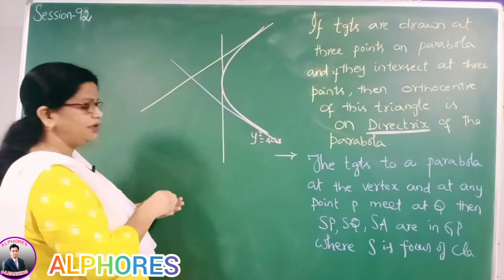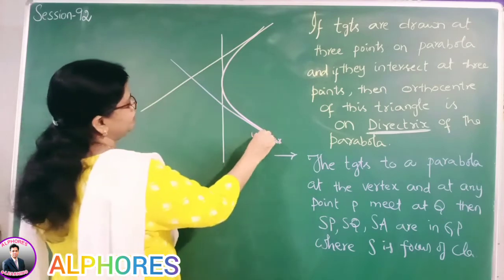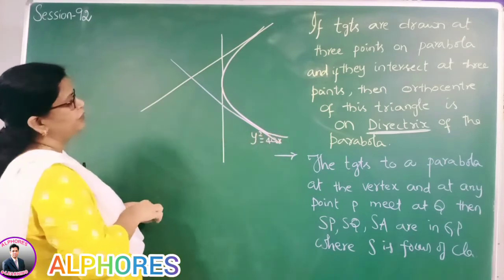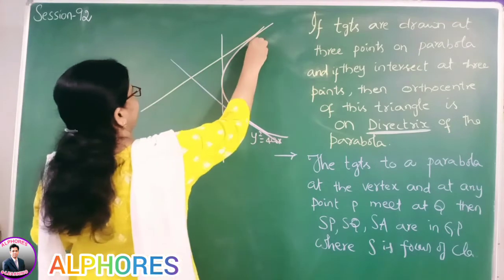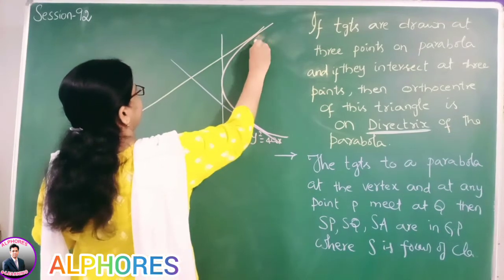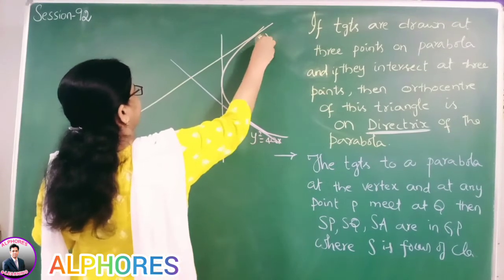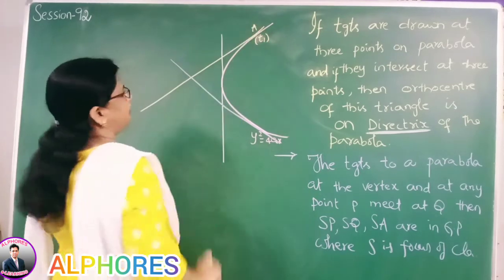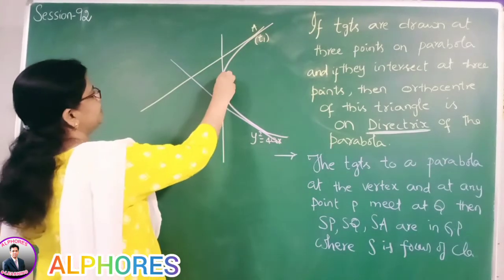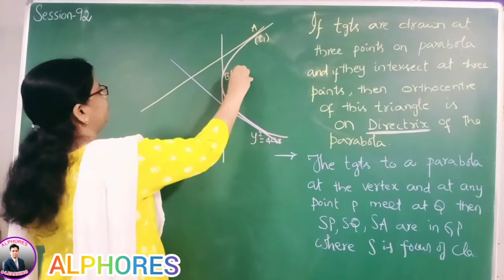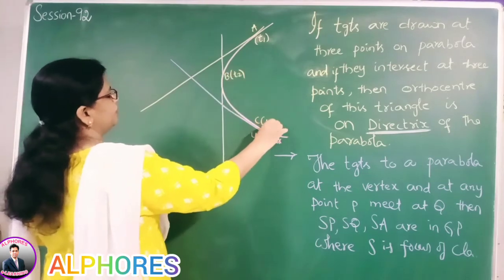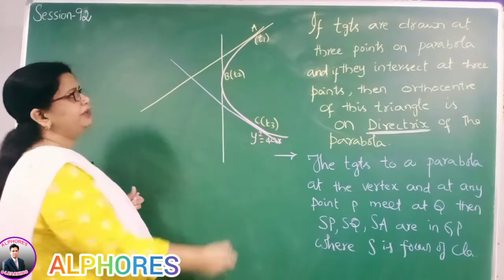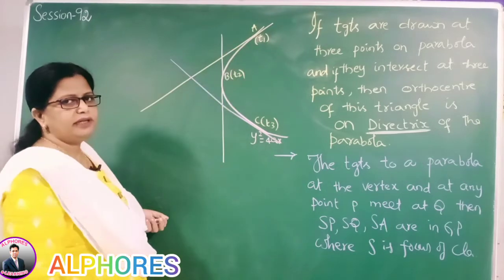In this way, we are taking 3 tangents drawn to a parabola. One is at a t1 square comma 2a t1, let us take it as A of t1. Next this is our B of t2, and next this is our C of t3. So you know the usual notation, a t1 square, 2a t1 etc.